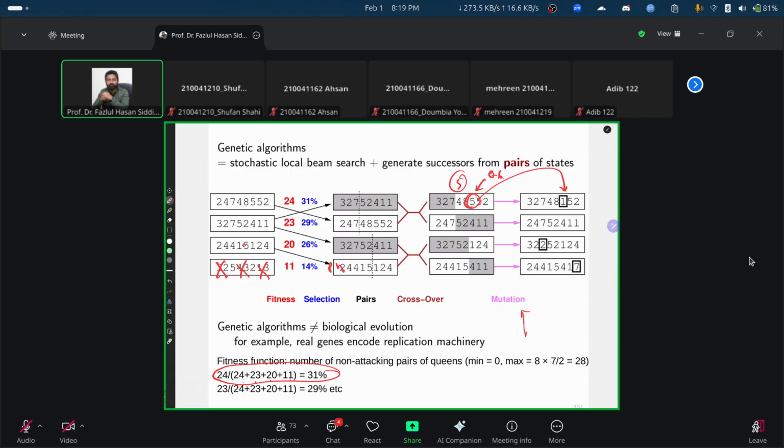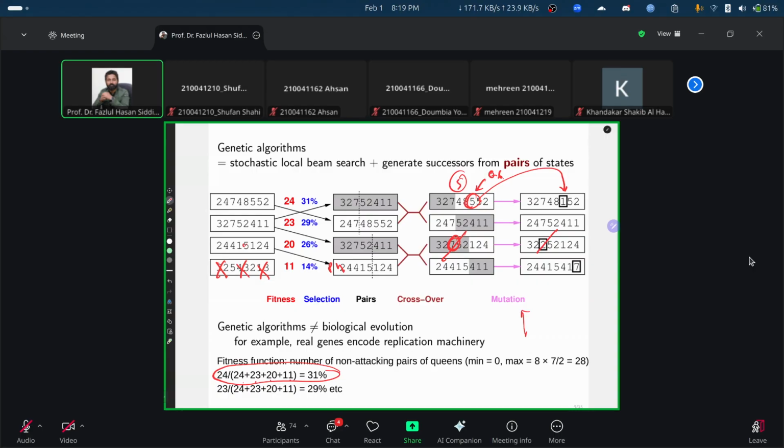It could be that this 7 means gene number 3 or queen number 3, and the allele is 7, the value is 7. This 7 is creating some diagonal or row conflicts. It is associated with many conflicts. So if you update this one with 2, now the conflicts are getting reduced, maybe the diagonal conflicts.